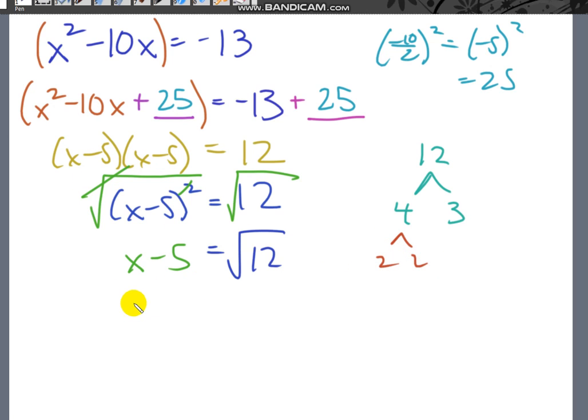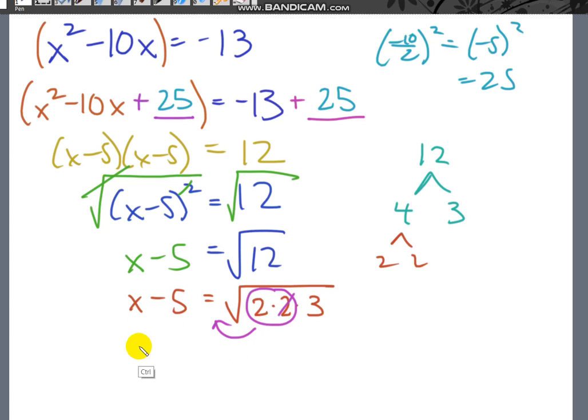So x minus 5 equals the square root of 2 times 2 times 3. Now look for your partners in crime. One will get shot and one comes out alive. So this is going to become x minus 5 equals 2 times the square root of 3. Actually, there should be a plus minus in the front here, because when we take a square root, we're going to consider both the negative and the positive solutions.